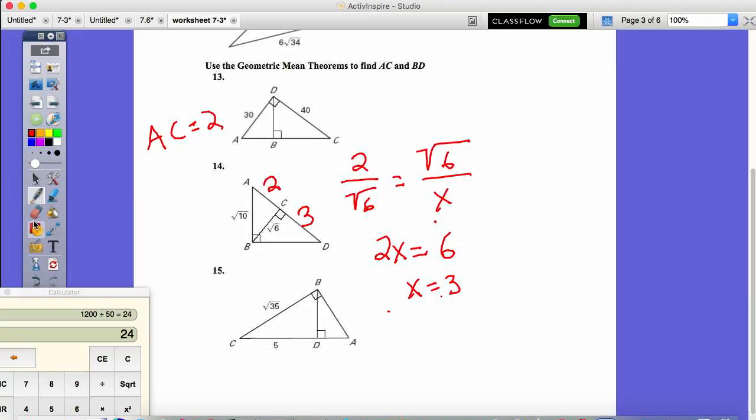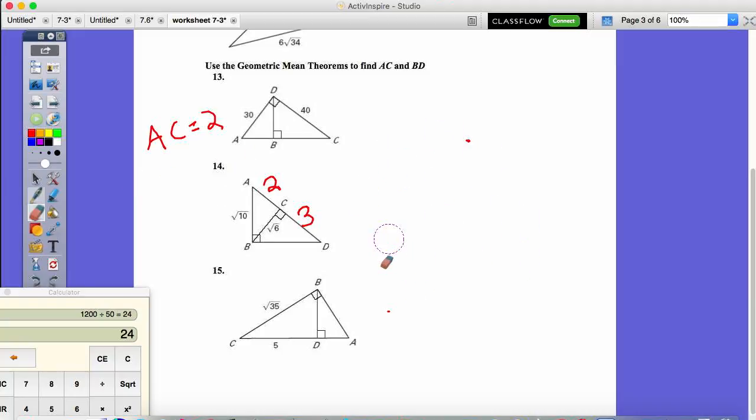So now I have a few options. I can use triangle ABD and use the Pythagorean theorem. I could use BCD and the geometric mean leg theorem since I have both parts of the hypotenuse. I'm actually going to do that just to do something different with you guys. I haven't done that one.